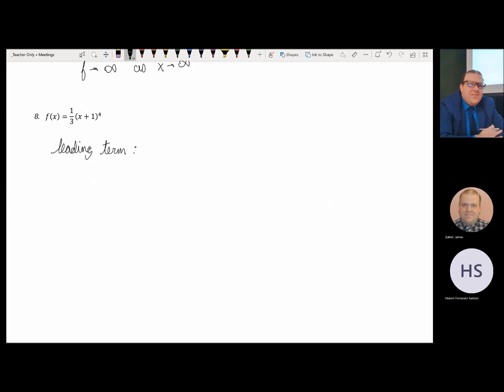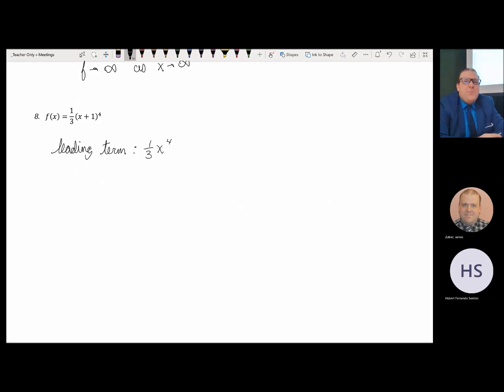Leading term is a third x to the 4th. That's all we care about. It's the first term, the term with the highest power. So all we have to do is figure out the first term of that expansion, x to the 4th, because the coefficient by Pascal's triangle for the first and last terms is always 1.